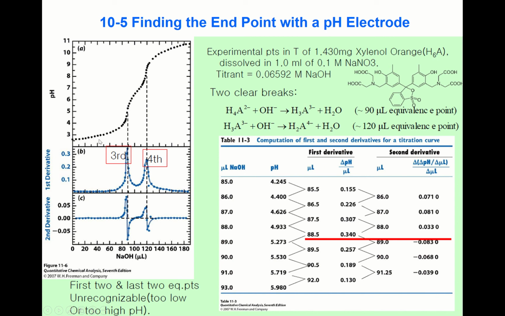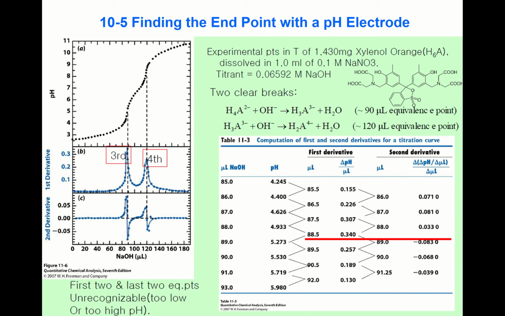Let's take an example. Sulfuric acid is a very strong acid, but it deprotonates in 2 steps. When you titrate sulfuric acid with a strong base like sodium hydroxide, how many equivalence points do you expect?